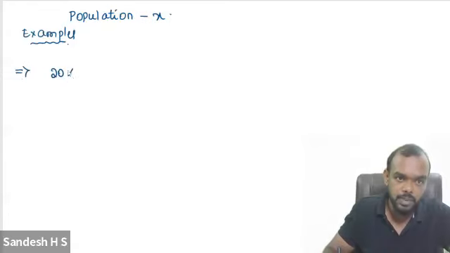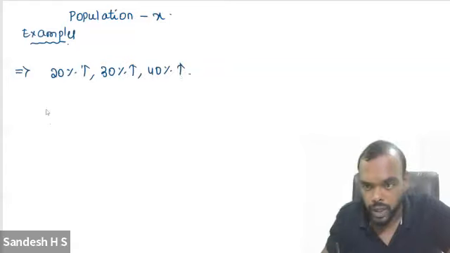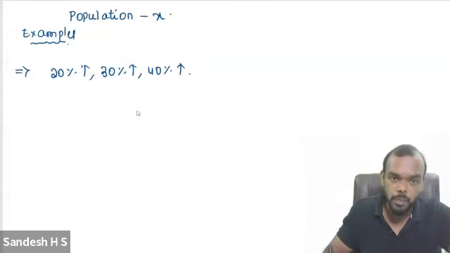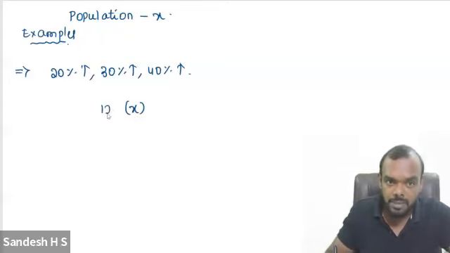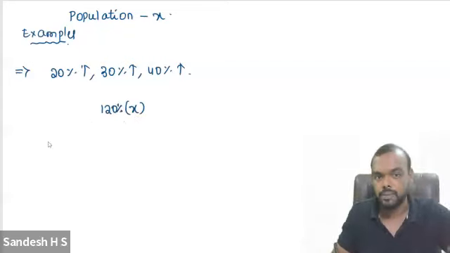Population is increased by 20%, increased by 30%, and increased by 40%. Okay. What do we do? Original population is X. Consider it as 100%. Increased by 20% means that becomes 120%.